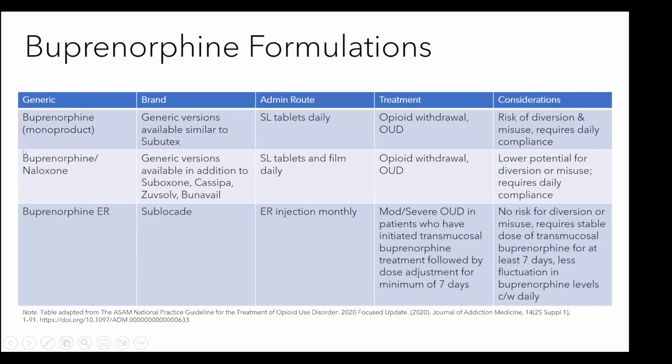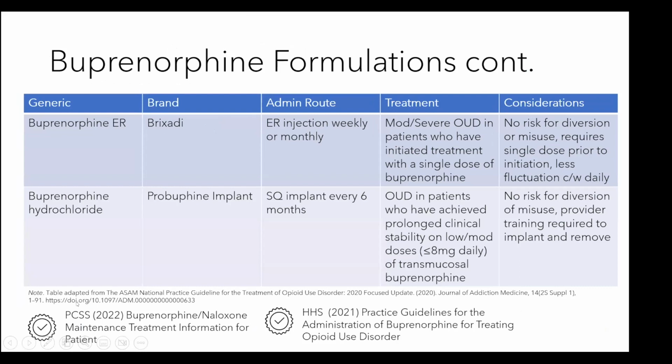And I have here the different formulations for buprenorphine. There are many different formulations. This table is adapted from the ASAM 2020 National Practice Guideline, so if you want to check that out, you'll see this there as well. And then here I've included a resource in the toolkit.